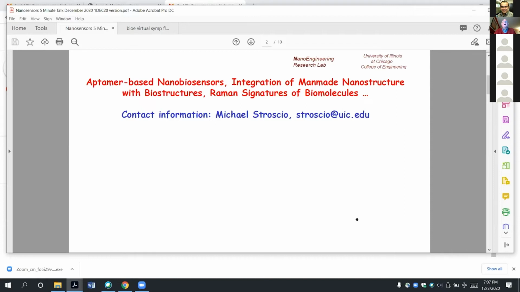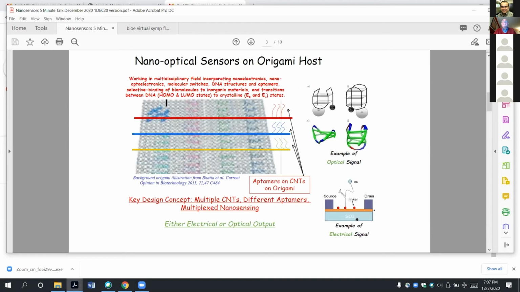So illustrated here are several different nanosensors. The upper right is a molecular beacon where we have a quantum dot that's linked to a nano quencher by a DNA molecule that binds selectively. This DNA molecule is an aptamer. It binds selectively to an analyte the same way that an antibody does.